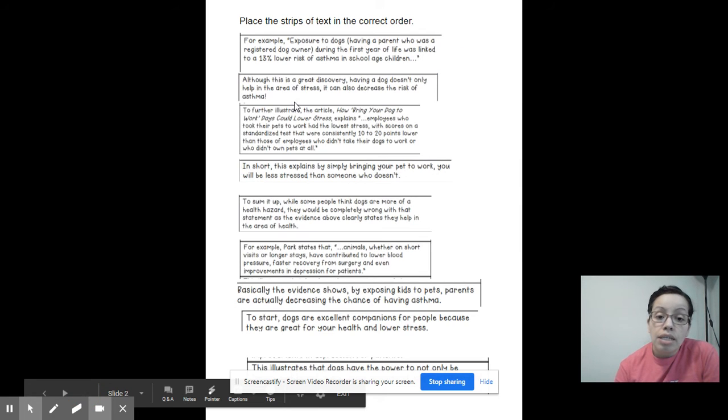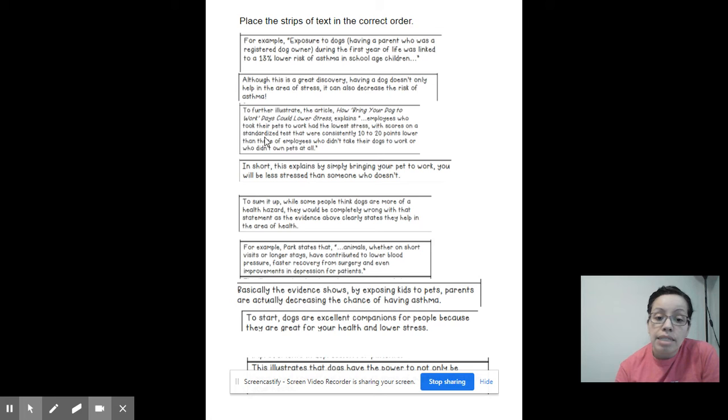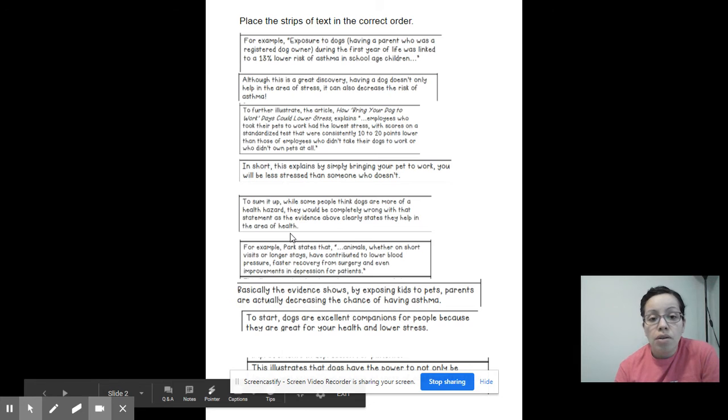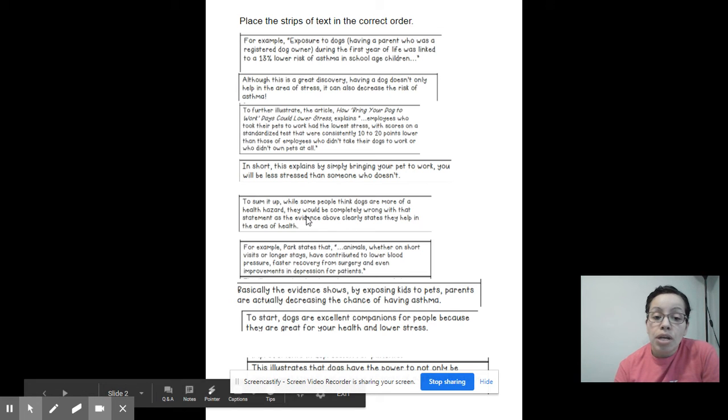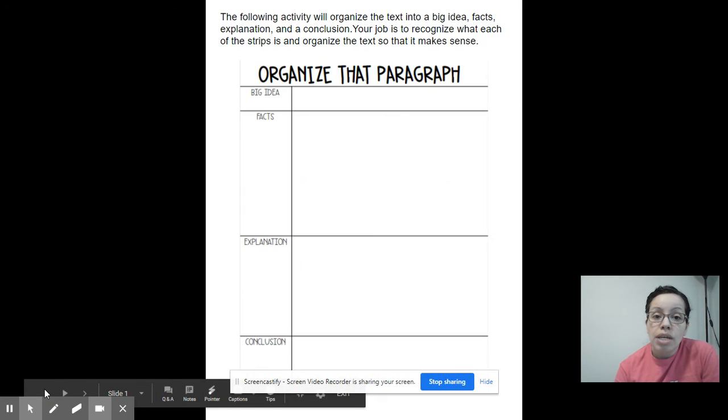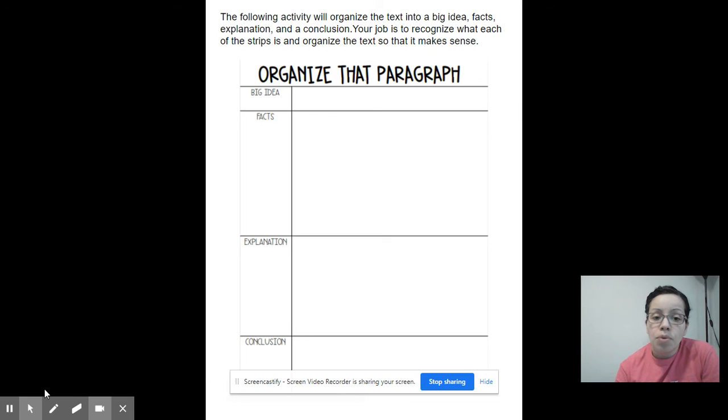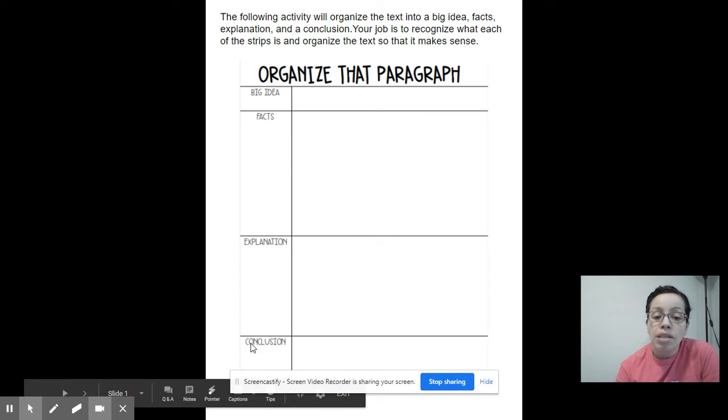You will go to this and you will be able to click and drag the text boxes and put them in order. So if you were rewriting all of this, what would be the right order of it? We want to make sure that we put it in the order shown here. Where's your big idea? Which one can we think is the conclusion?